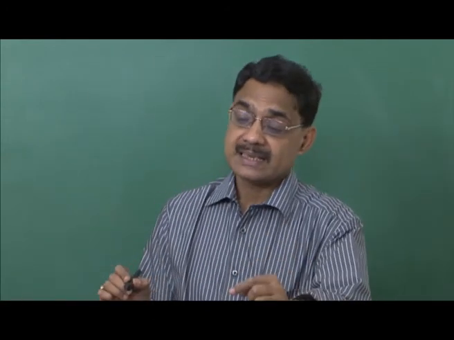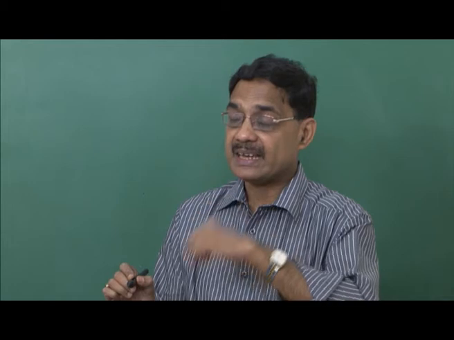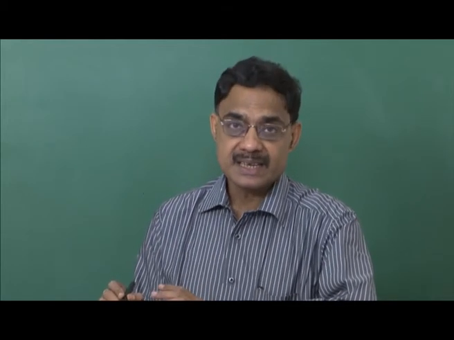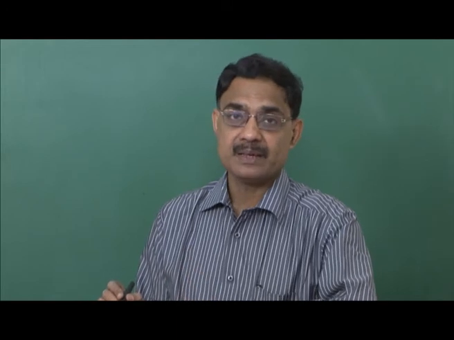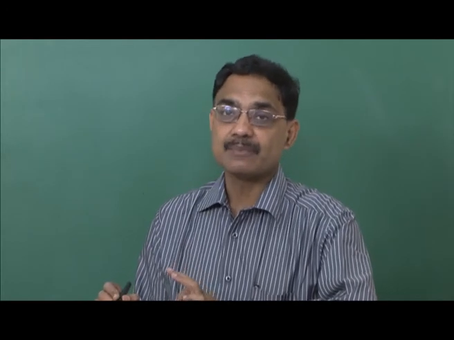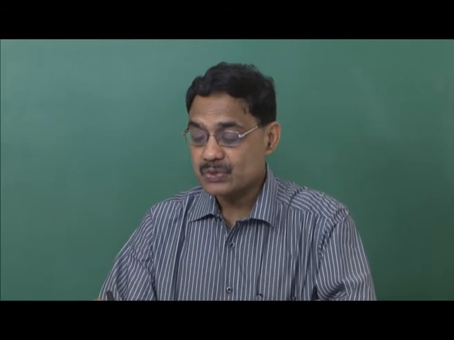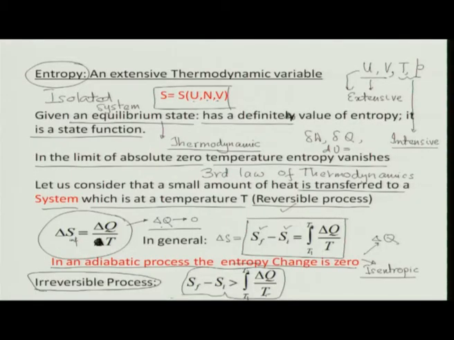Entropy is an extensive thermodynamic variable. Given a thermodynamic equilibrium state, there is a definite value of entropy. If I consider reversible processes and a small amount delta Q tending to 0 of heat is provided to the system, then there is a change in entropy, rather an increase in entropy.